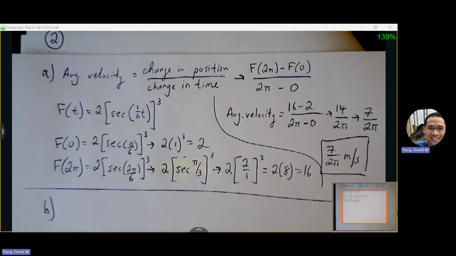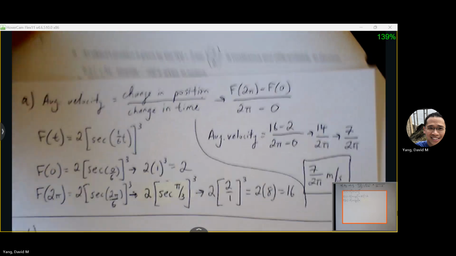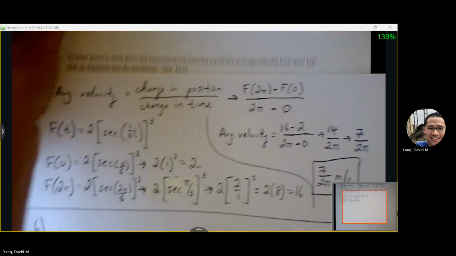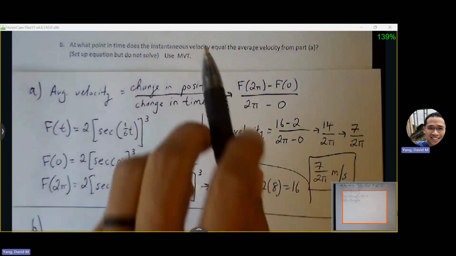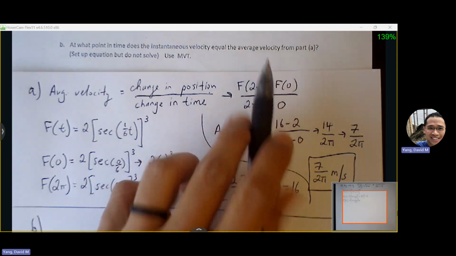Part B. Part B says, at what time t does the instantaneous velocity equal the average velocity?